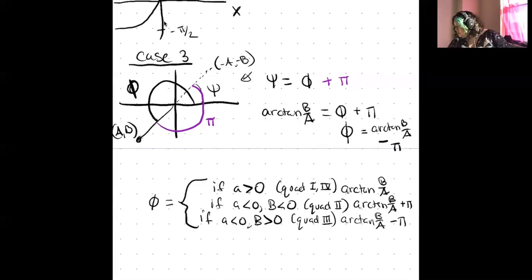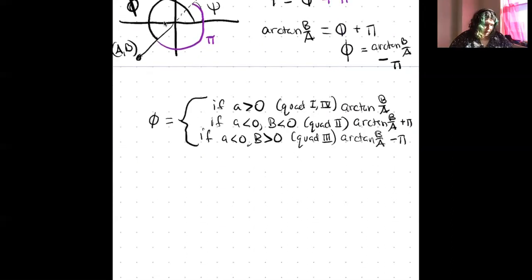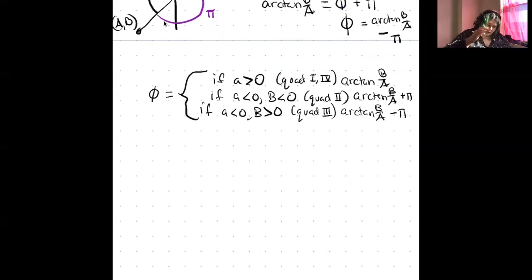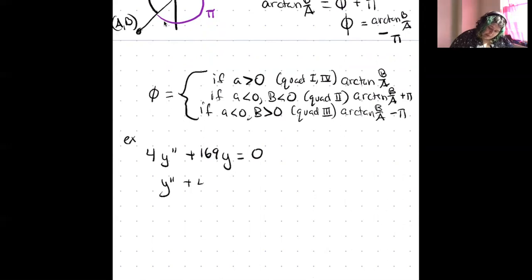So those are the 3 different cases. Let's maybe do a quick example. Let's say we have a differential equation that looks like this: 4y double prime plus 169y equals 0. Or we can rewrite that as y double prime plus 42.25y equals 0.